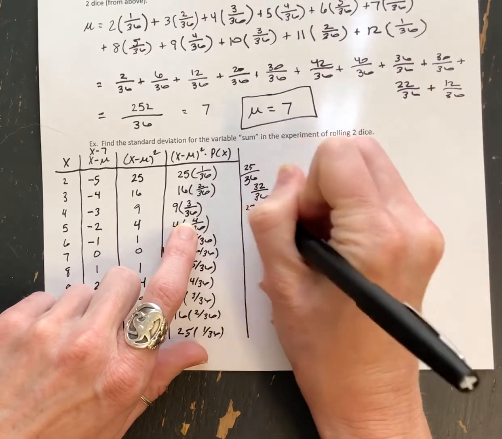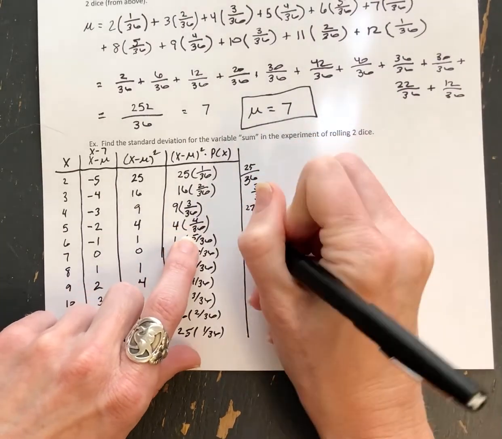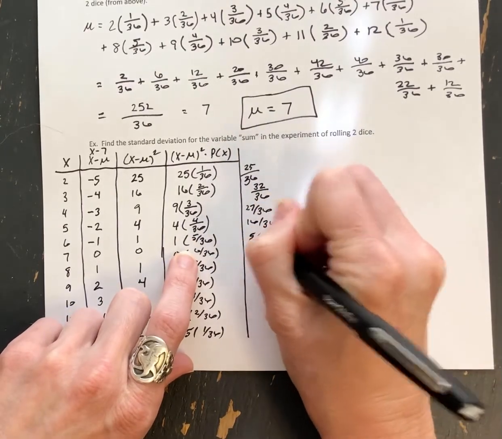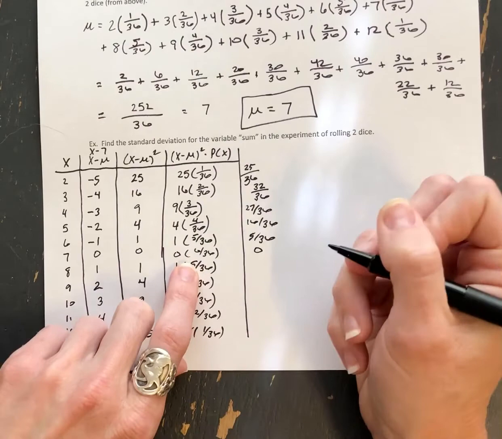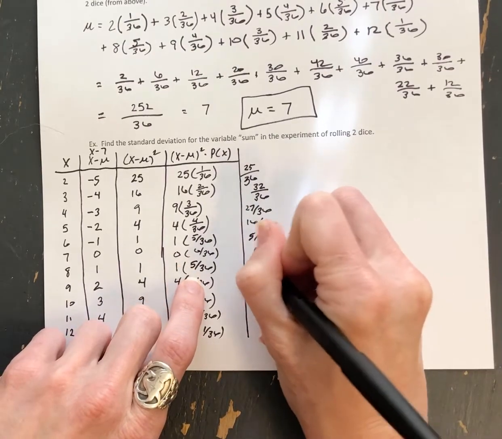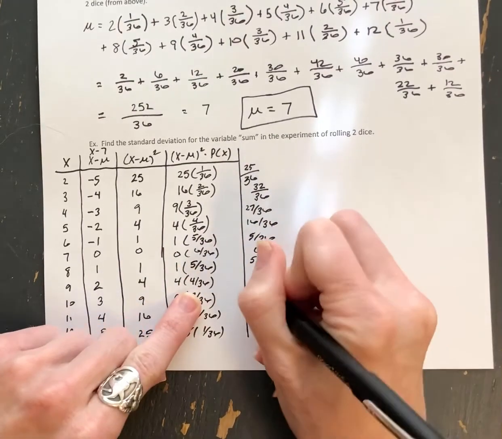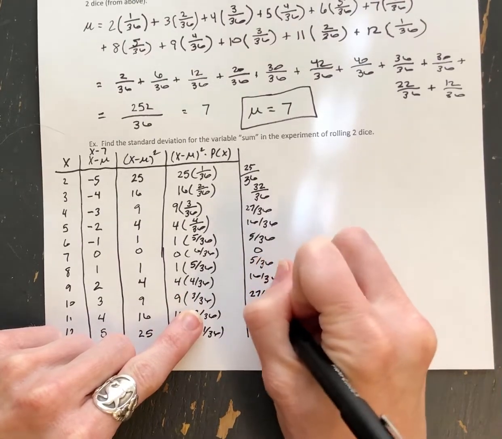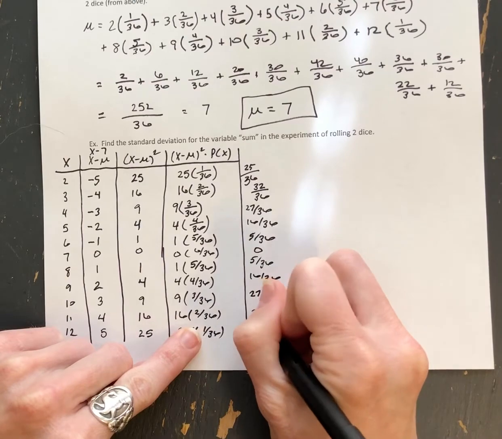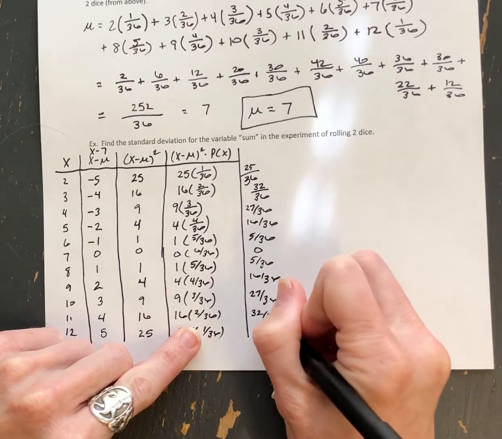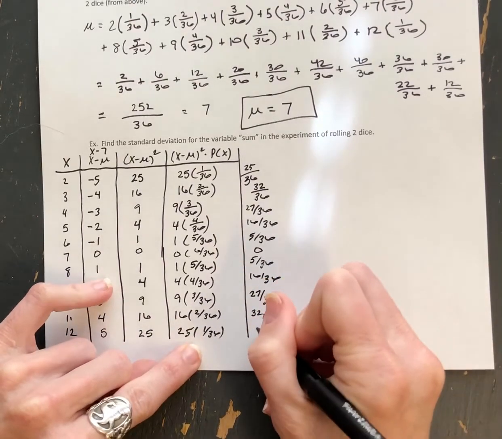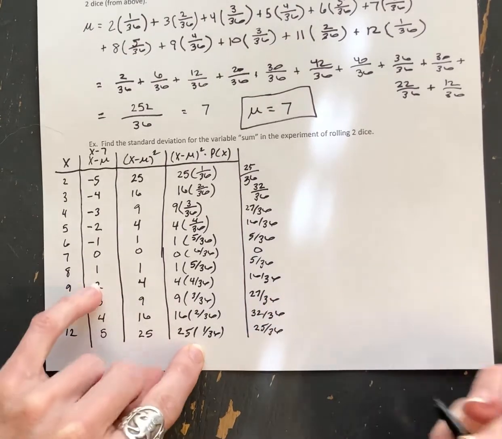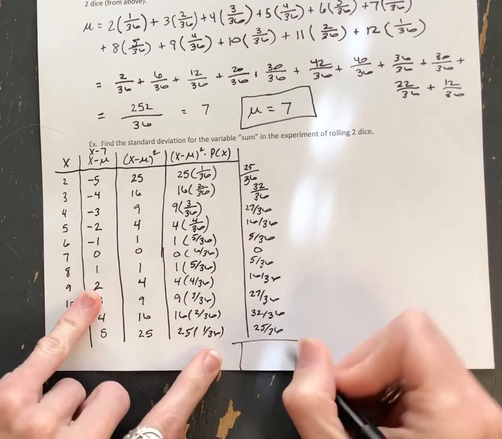This one's 27 36. 16 36. 5 36. 0, 5 36, 16 36, 27 36, 32 36, and 25 36.